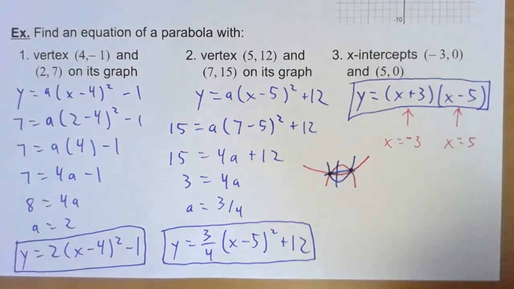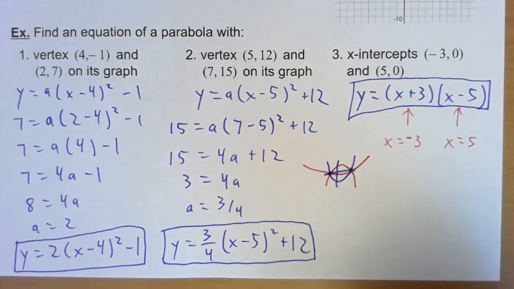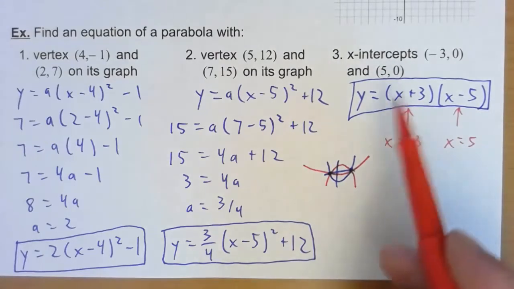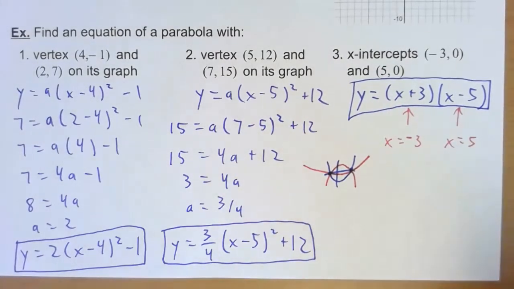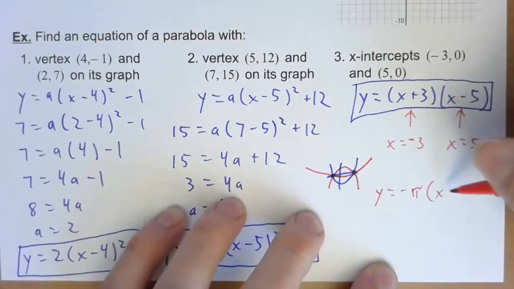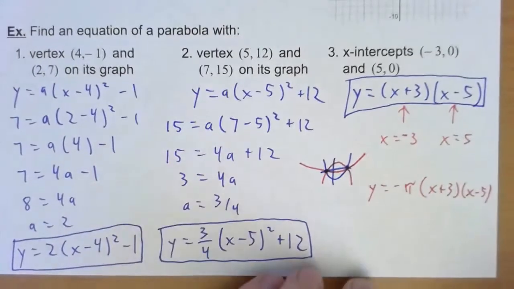So when we do our Canvas quizzes, I'll probably have to specify something to make that not be the case, because what we could have added in here is a leading coefficient, or multiplied in technically. Okay? You could have said y equals negative pi times x plus 3 times x minus 5 if you wanted to.